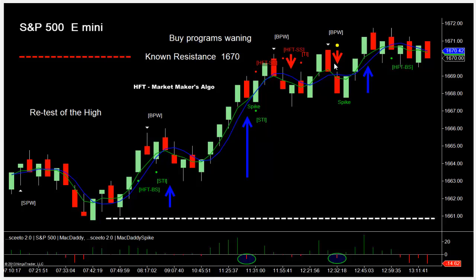Now we begin to get the pattern that developed at the high. So after the initial buy programs waning, there's another uptick to 70. The averages are starting to fade or turn down. And even though there was one final high-frequency buy surge, it didn't really result in a higher high.